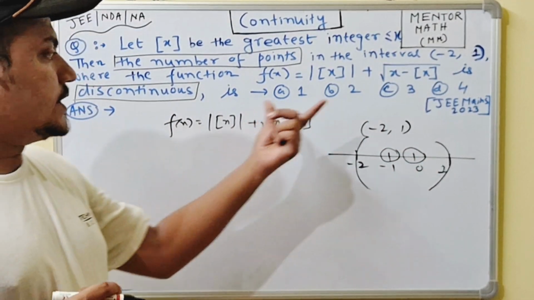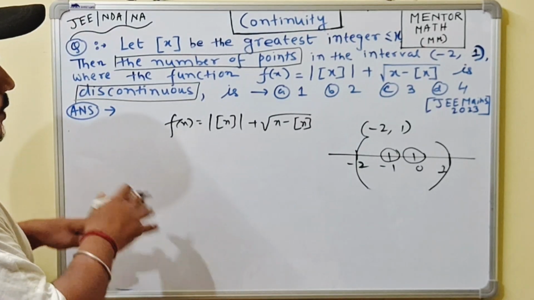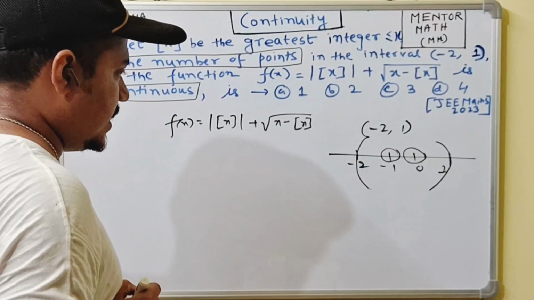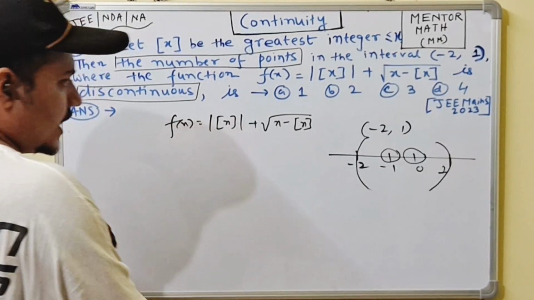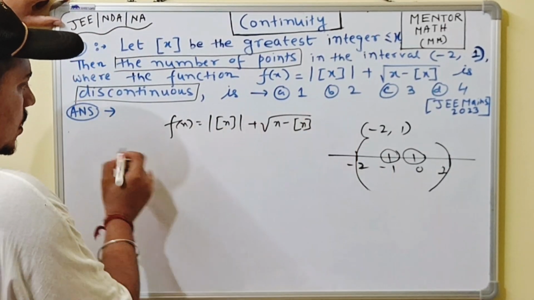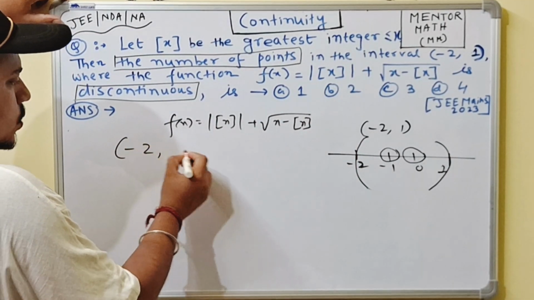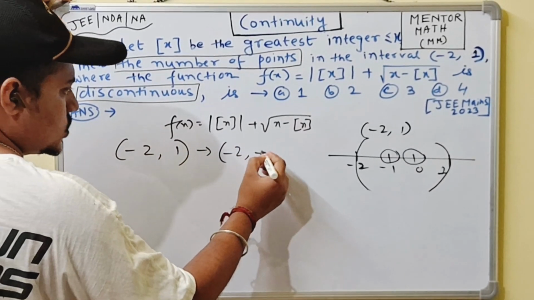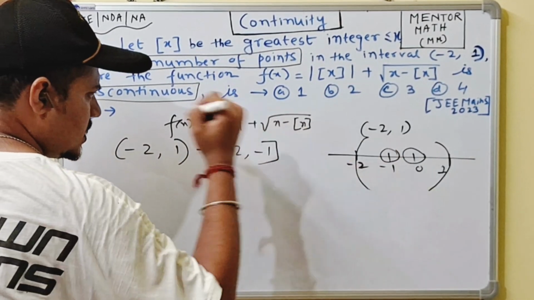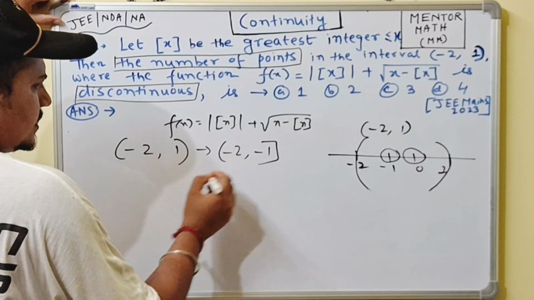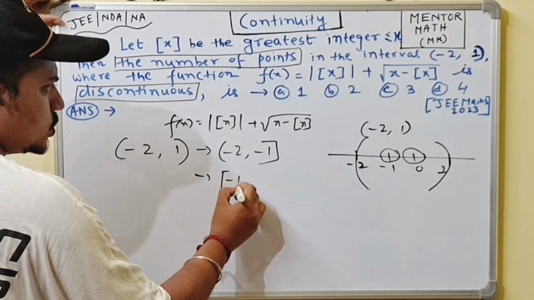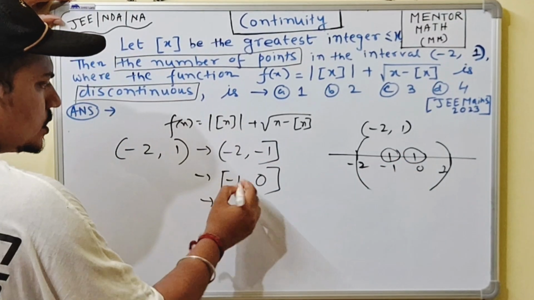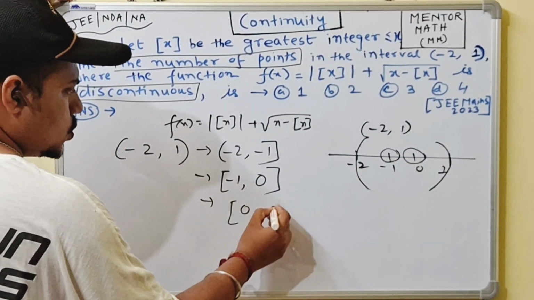We work on this interval so that we can break the function as well as the interval. So for -2 to 1, you can break it this way: -2 to -1, -1 to 0, and 0 to 1.